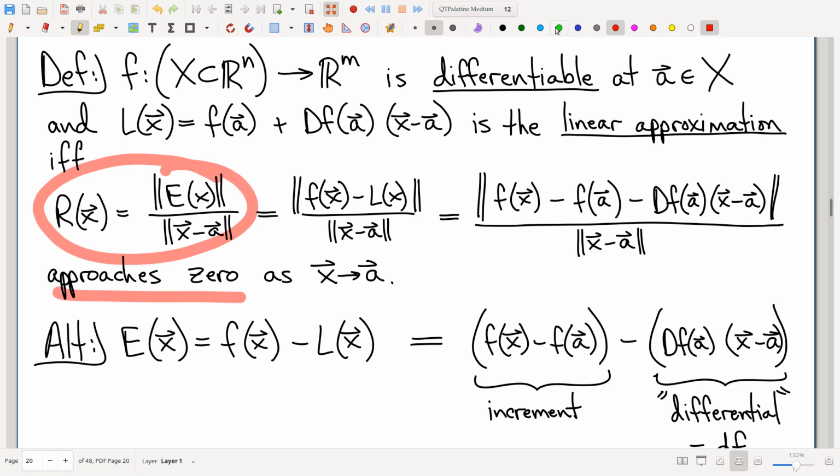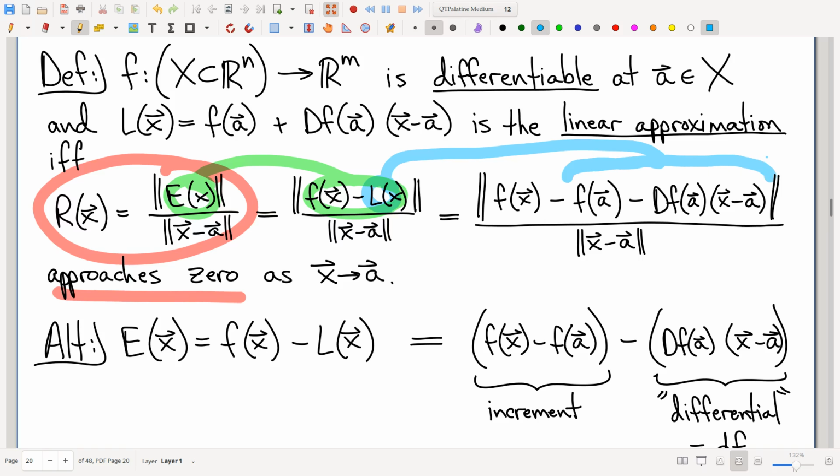I've just rewritten error as f minus L, namely true value minus estimated value. And I've written L as the formula that we derived last time for L, our candidate linear approximation. Don't forget to distribute the minus sign, so this becomes a minus. Really, that's all this is, right?